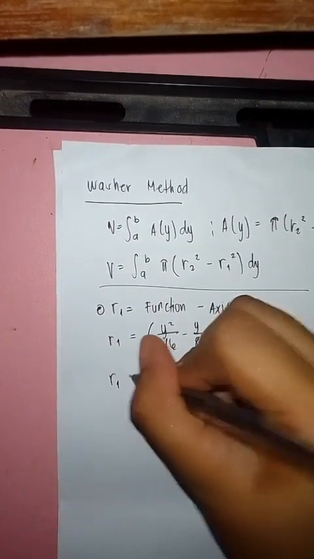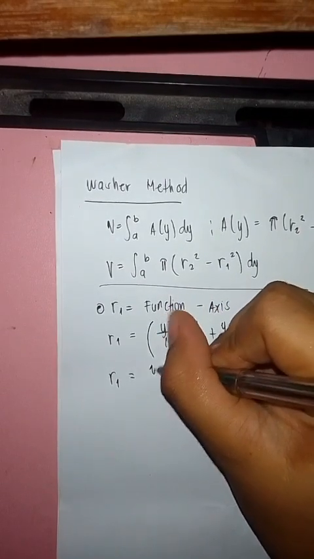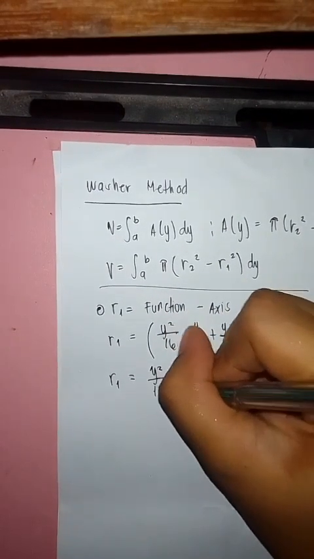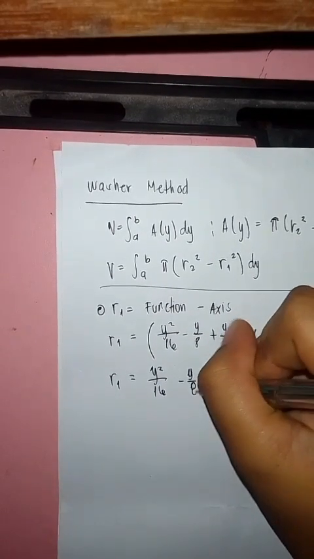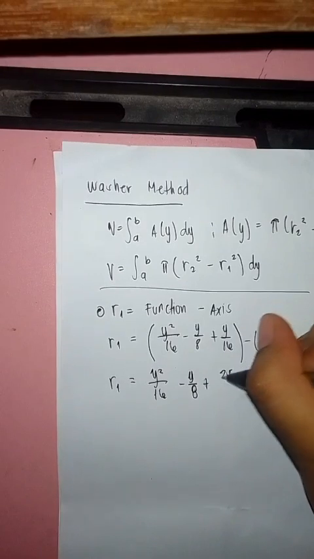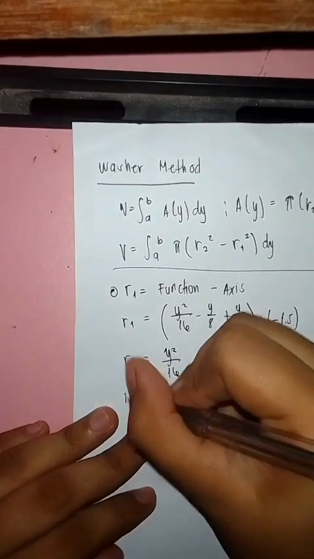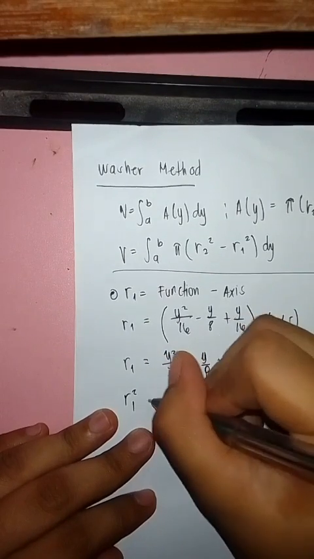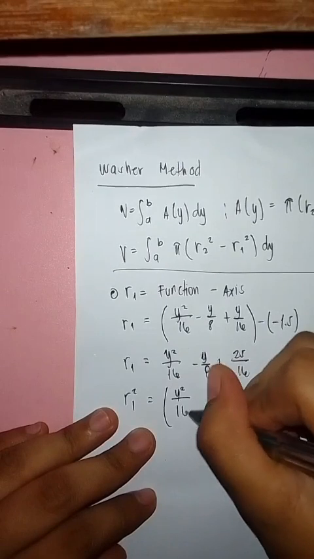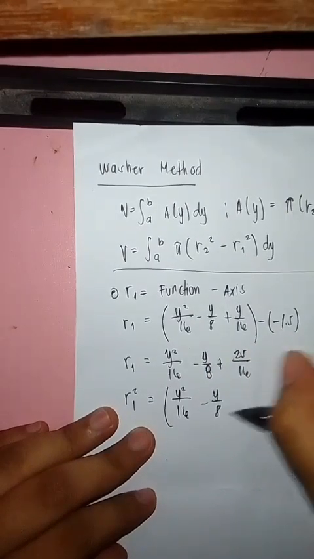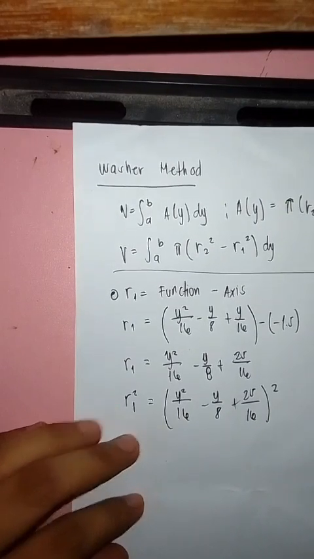So this is equal to y squared over 16 minus y over 8 plus 25 over 16. So we will get the r sub 1 squared. So we will square this one, y squared over 16 minus y over 8 plus 25 over 16, squared.